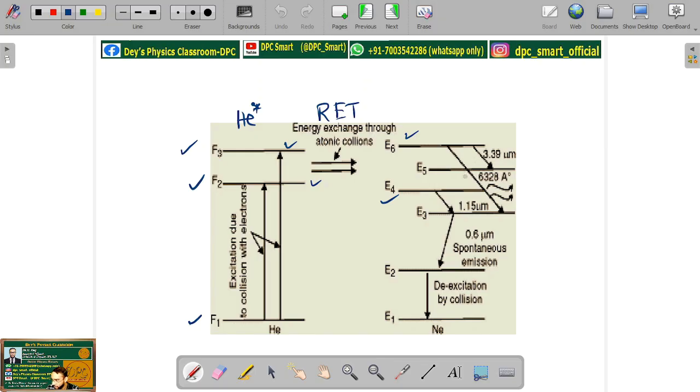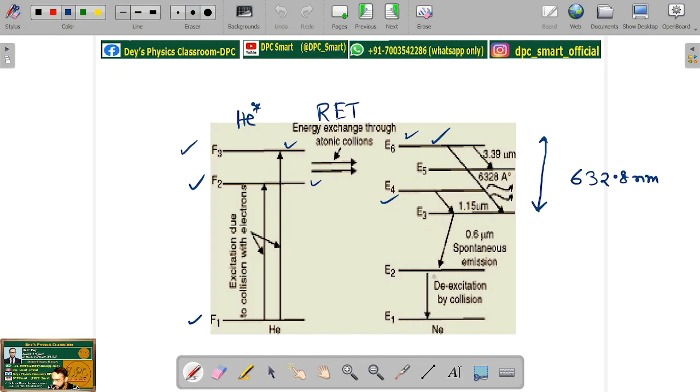Now from E6 to E3, excited neon atoms undergo a transition, which is emitted as laser radiation of wavelength 632.8 nanometer. So here E6 acts as a metastable state, and it emits stimulated photons from E6 to E3.